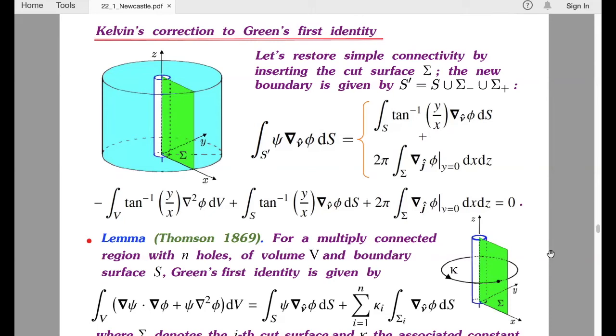Right, so we now have a way to amend potential theory for a number of situations. So may I ask you something? Yeah, sure, Anwar, go ahead. How come that instead of 2 pi, you get some numbers kappa i? How does 2 pi become different from 2 pi here?